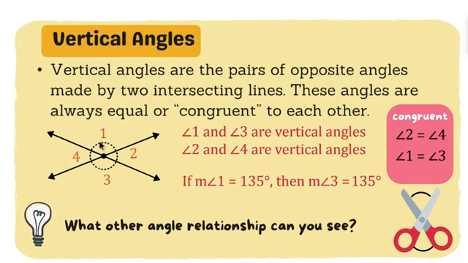So, angle 1 and angle 2 is an example of linear pair. Okay, because they are both supplementary and adjacent. Parehas din dito sa 4 and 3. Ganon din kay 1 and 4. And 2 and 3. Okay? So, aside from being vertical angles, marami din tayong makikitang mga angle pairings dito.